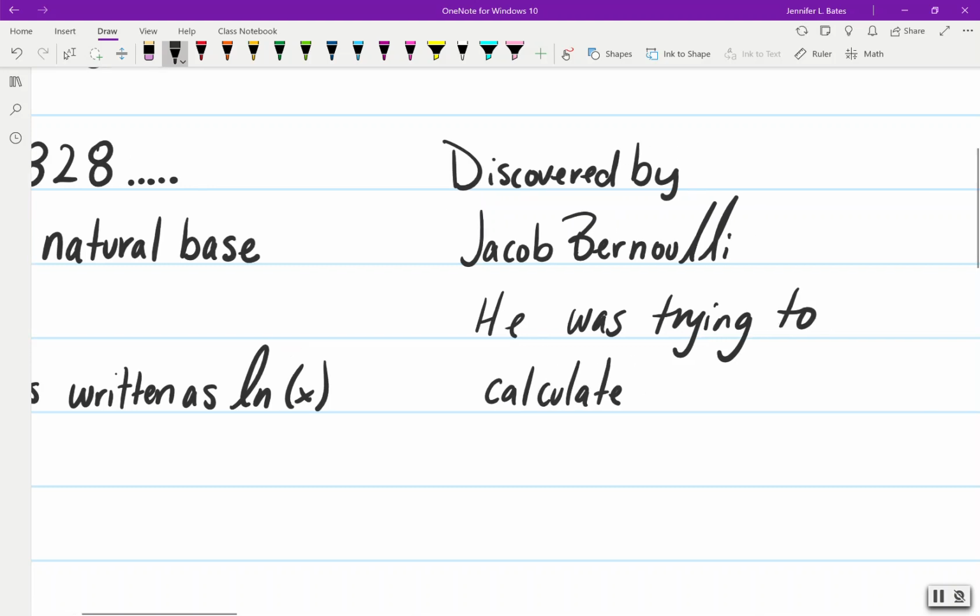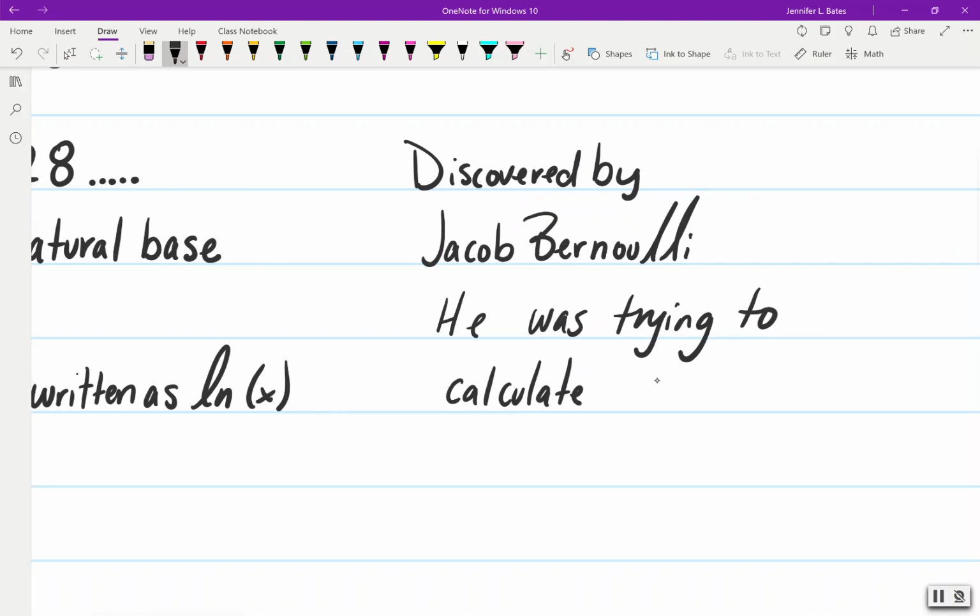So he was trying to calculate, let's just look real quick, the limit as n approaches infinity of 1 plus 1 over n to the nth power. So as he was trying to calculate this, he discovered E, which is a number just like pi, and it's 2.71828.